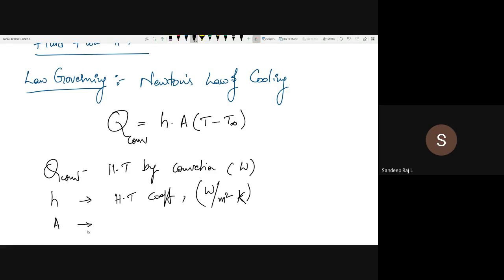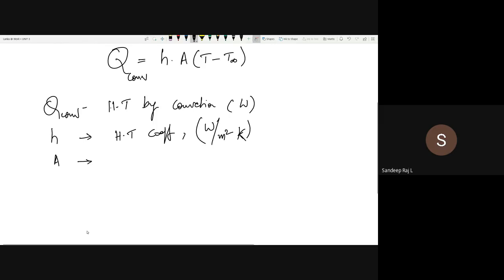Area. Area with which the fluid is interacting. It is not the perpendicular area as in the conduction case. Area here is the area with which the fluid is interacting. It is measured in meter square.